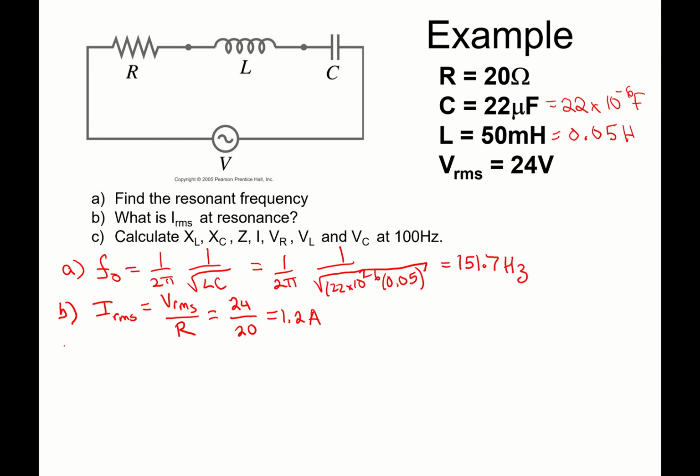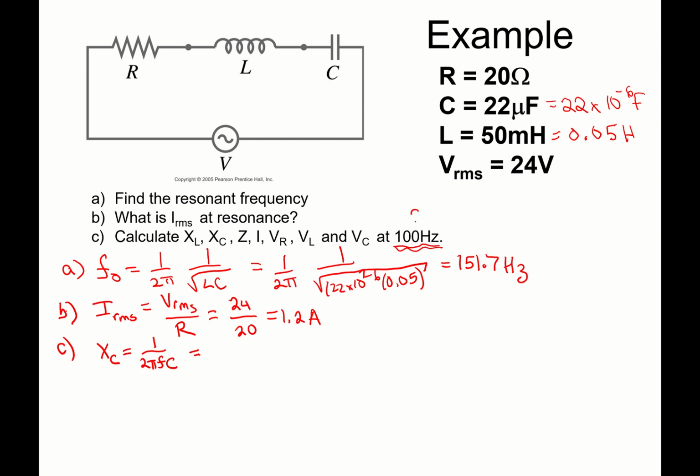Okay, so part C. Looks like there's a lot of parts in part C, so it wants me to calculate XL, XC, Z, I, VR, VL, and VC at 100 hertz. So I'm at a position in frequency where I'm below the resonant frequency, and I want to calculate all these values. So let's just plug our numbers into the equation. XC is 1 over 2 pi fC.